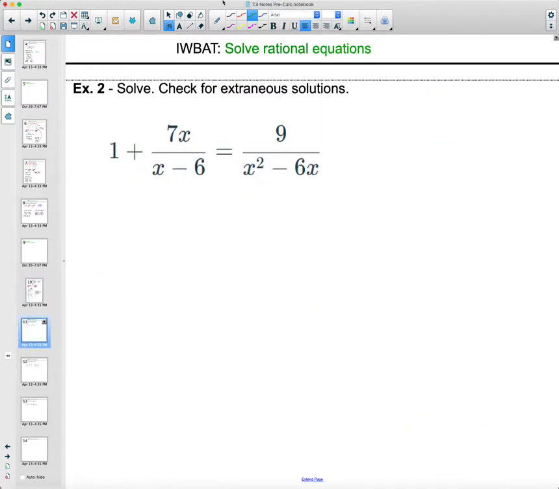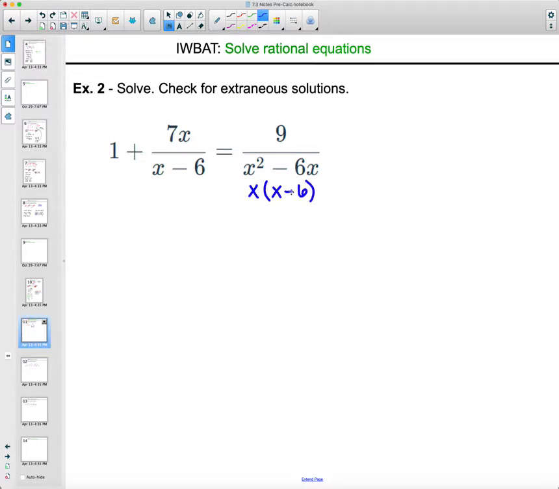Next problem, so go ahead and pause the video so you can get this written down. So we want to go ahead and factor this one again. This one has an x that we can factor out. So then we get x times x minus 6, so that we can identify all of the factors in the denominator that we need to multiply by.